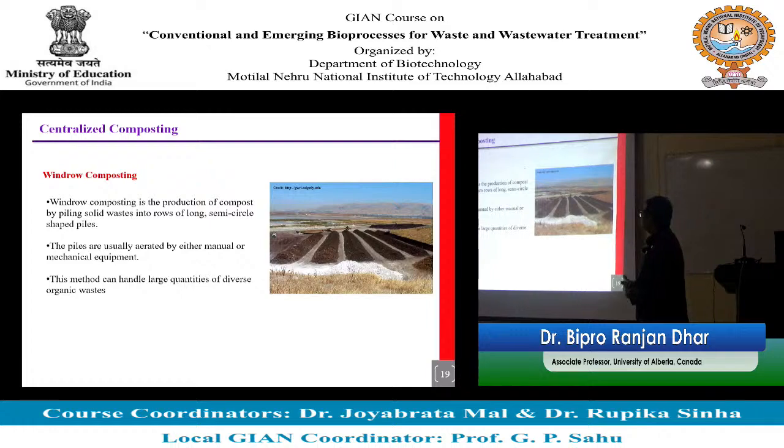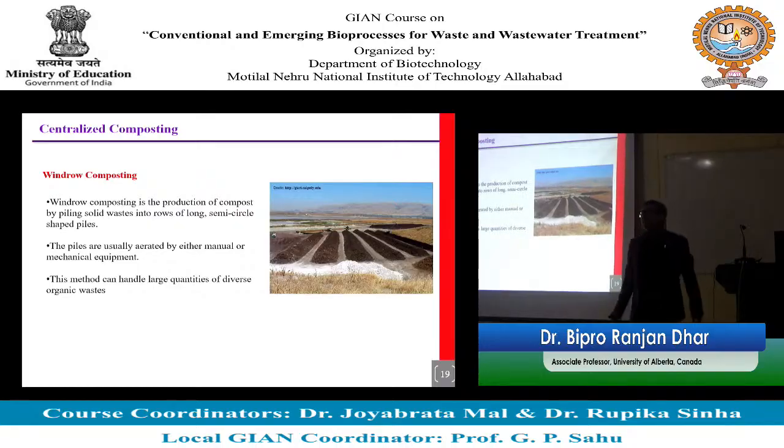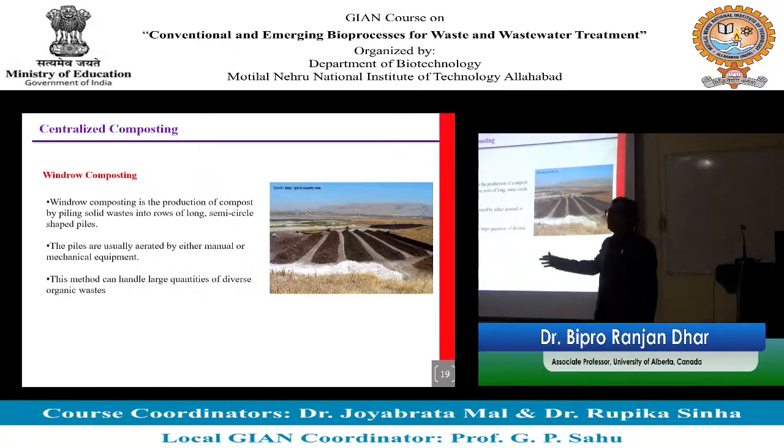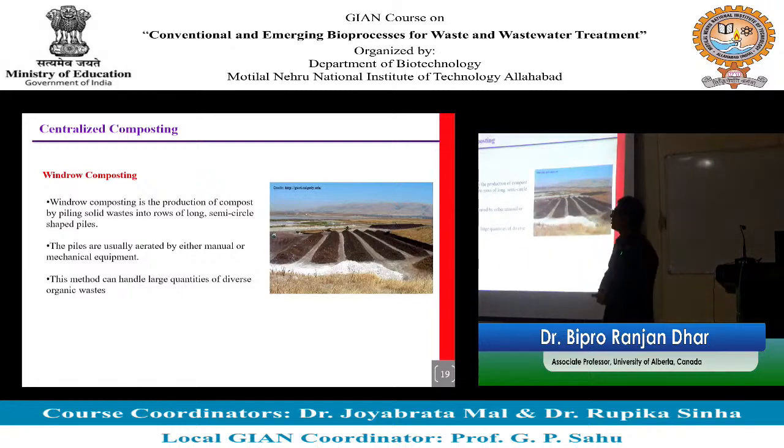So windrow composting is the simple process. You can compost by piling solid waste into long semicircle shaped piles. You can see here in this figure, you can have multiple semicircle shaped piles where you stack your waste, and you don't have any active aeration, but maybe every week or every couple of weeks you have to come back and turn them, so that you have enough oxygen in the compost pile.